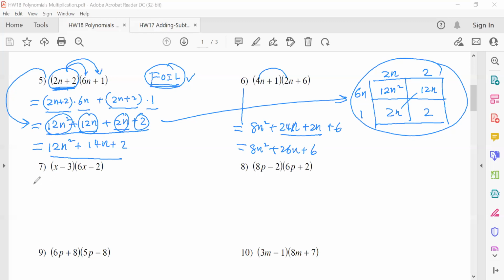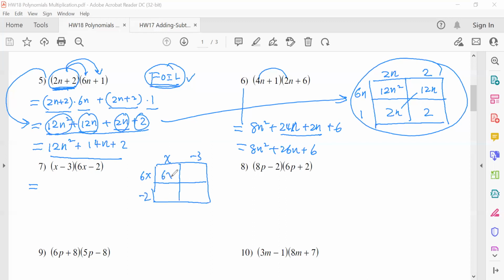Okay, so let's see this one. Let's do it this way, using the FOIL method. You may be more familiar with the FOIL method, or you can use the rectangular area method as well. Sometimes the rectangular area method is more visible: x, here -3, here is 6x, here is -2.